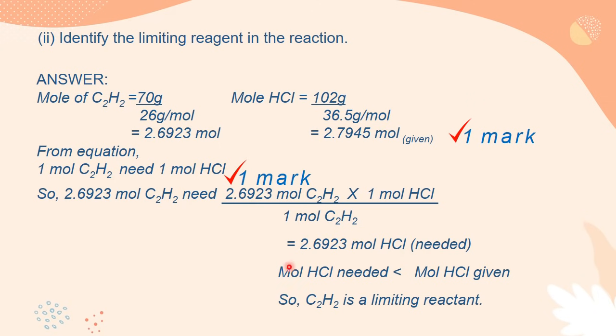So from here we know mole HCl needed is more than mole HCl given. So this is mole HCl given. So here we can say ethane gas is a limiting reactant. So for identify and determine limiting reactant, you can get 5 marks.